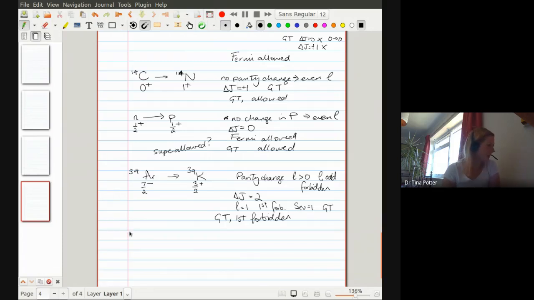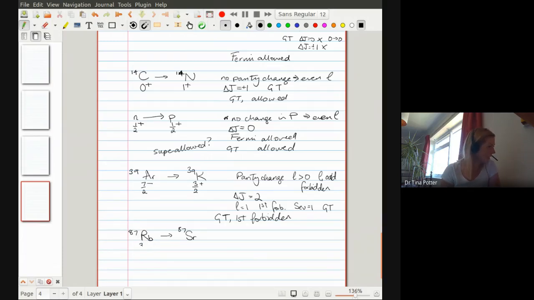And finally, my final example here is rubidium-87 going to strontium-87, that wonderful example that we had a look at earlier for the radioactive geological dating of rocks. We've got rubidium-87 going to strontium-87.